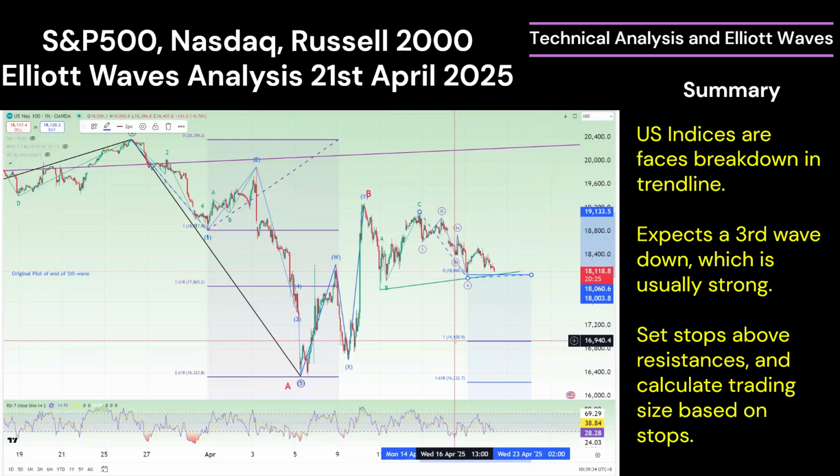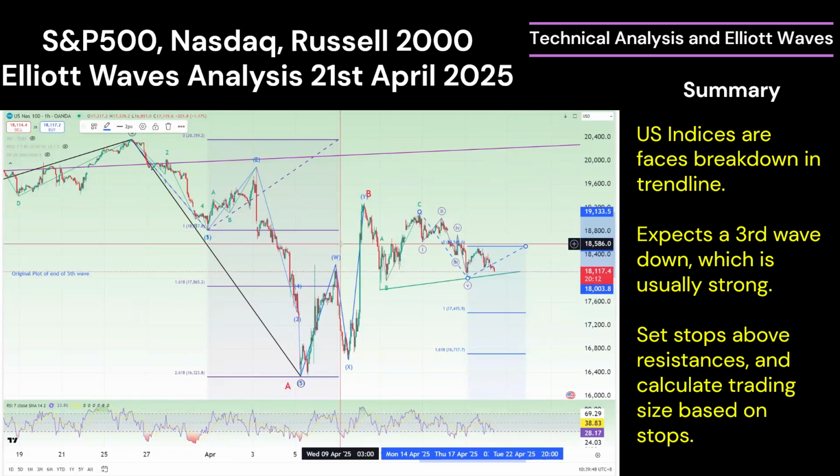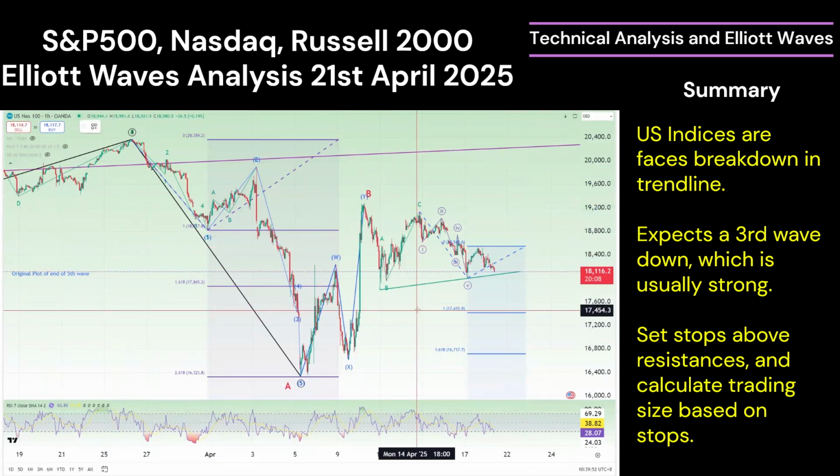This is not based on Elliott wave, but based on Elliott wave, we're looking at this number, which is 16,717 using the Oanda CFD. So we can make a point over here.